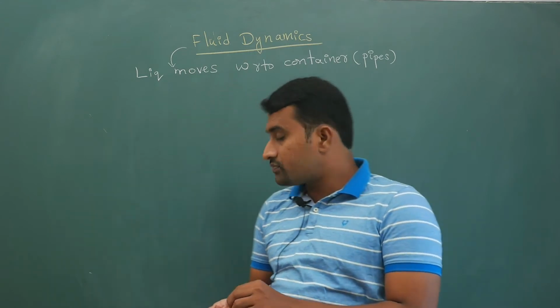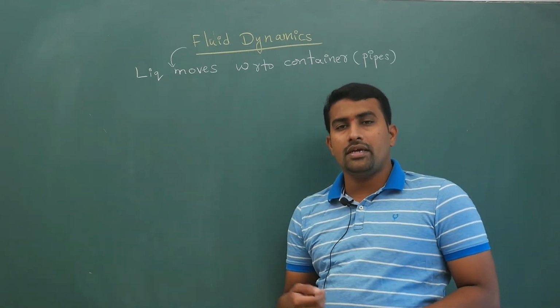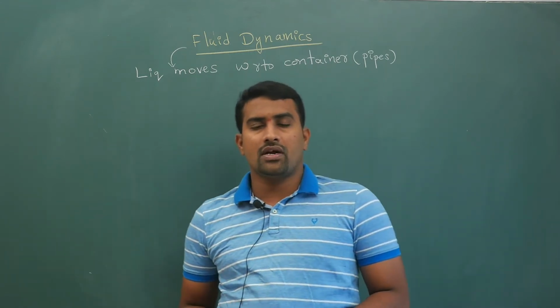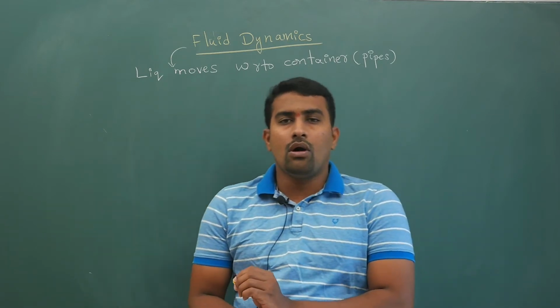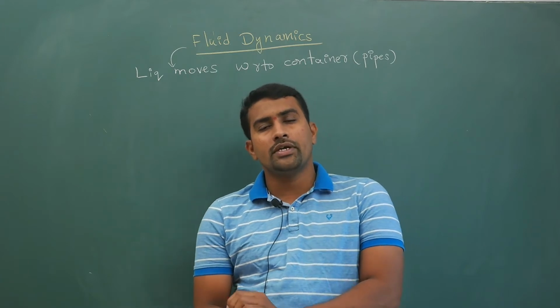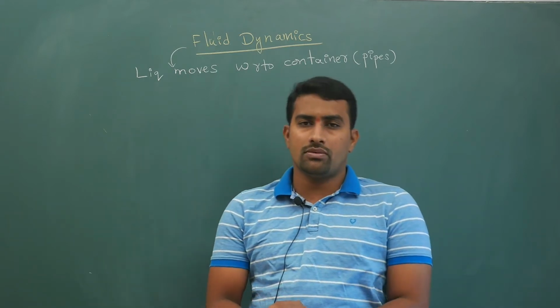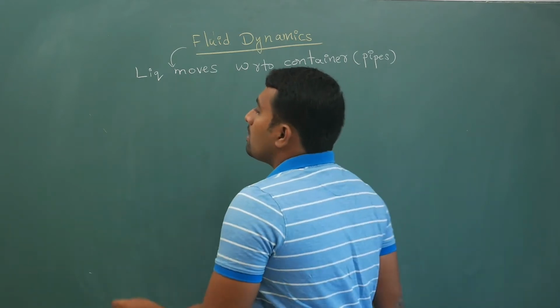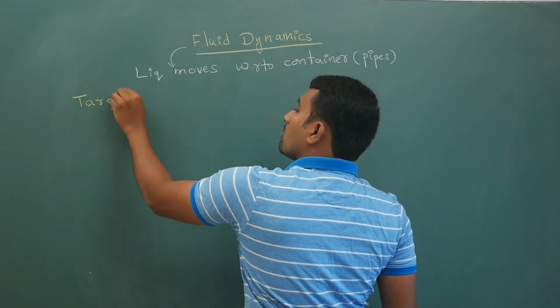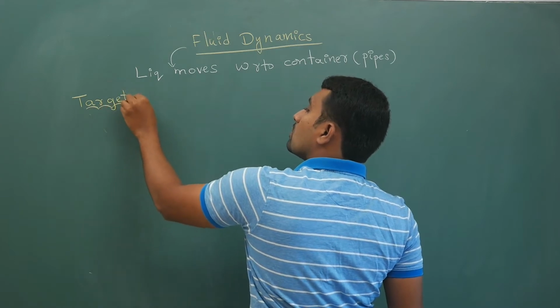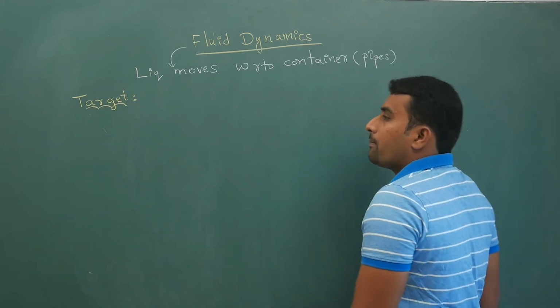Before I apply the equation of continuity and Bernoulli's equation, we will see for what kind of fluids we are going to apply those two equations. But remember, in this chapter you are supposed to learn only two things to apply.